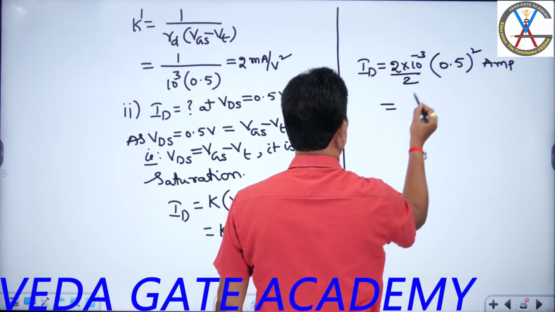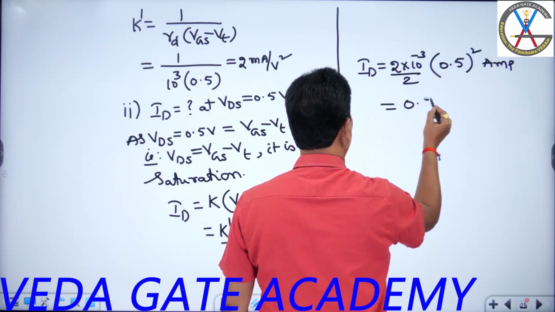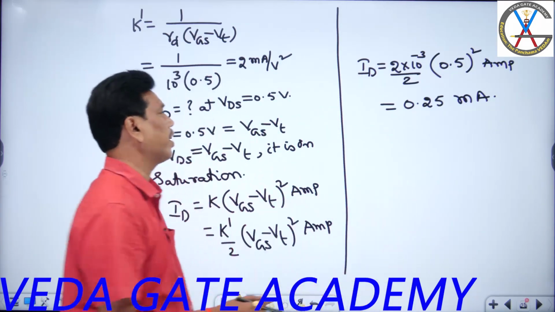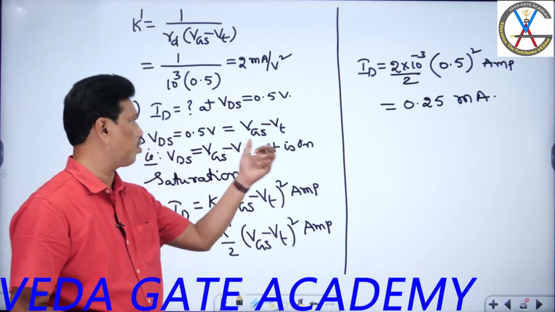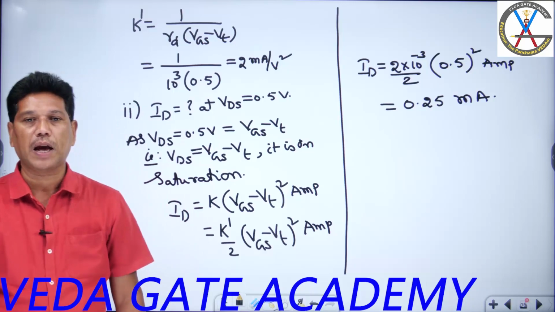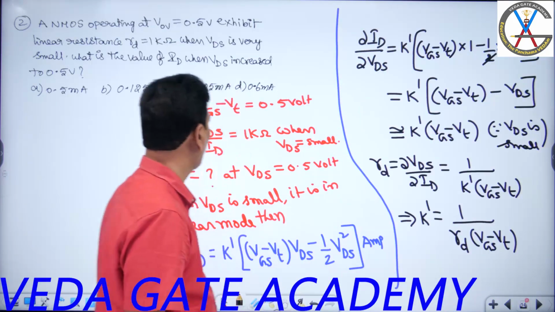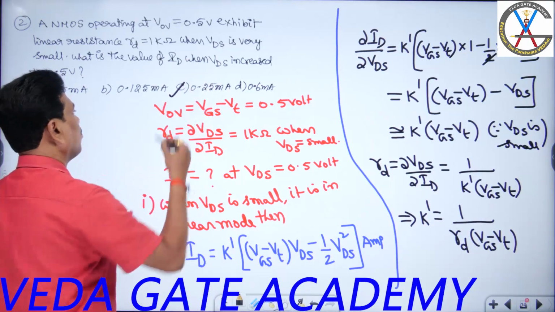So 0.5 whole square becomes 0.25, and 10 power minus 3 means milliampere. So the resultant drain current at VDS equal to 0.5 becomes 0.25 milliampere, sir. What is the answer? Check that. See, sir, answer 0.25 milliampere.